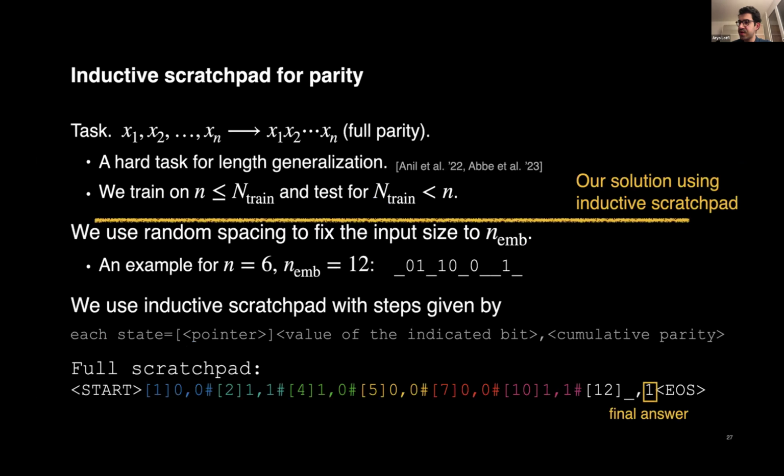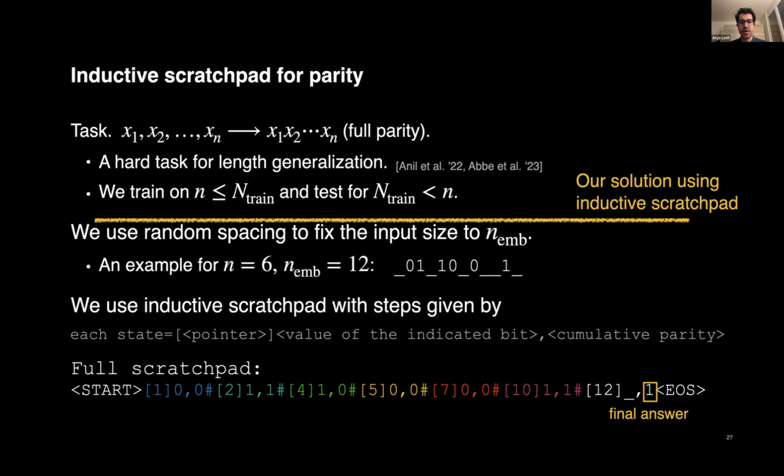We also present this idea for two other tasks. I'm going to go quickly over these parts, but we tested on parity, and we use quite a simple format for it. For example, take 6 bits: 0, 1, 1, 0, 0, 1. We define each state to be a pointer to the current bit, the value of the current bit, and the cumulative parity up to this bit.